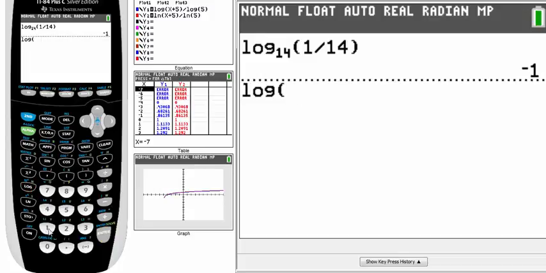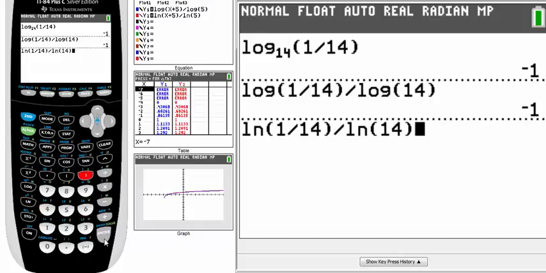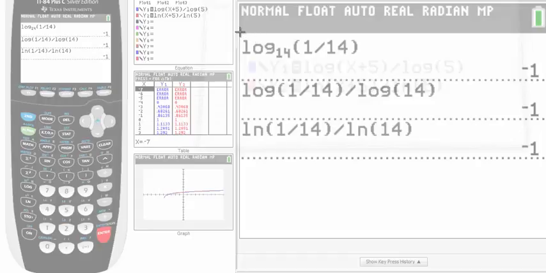It would be the log of 1/14, because this is the base so it goes on the bottom, divided by log of 14. We get negative 1 out of that, and I can do the same with natural log. You don't have to do all these different ways, just choose natural log or common log. I'm just trying to show you that you get negative 1 no matter what conversion you use.